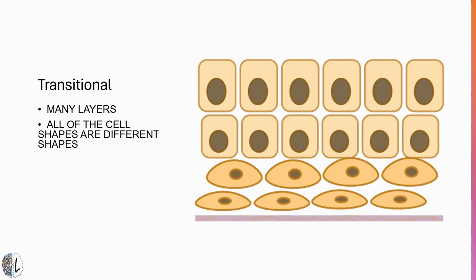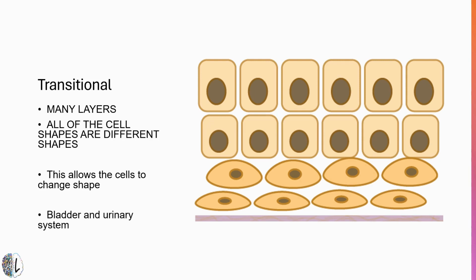But you're also going to notice that the cell shapes are all very different. And in fact, some will be a little bit squamous shaped or that nice flat cell. Some will be cube shaped, some more square, and some will be more columnar. And the function of that is to really allow for the tissue to move and stretch and to change shape as it needs to functionally.